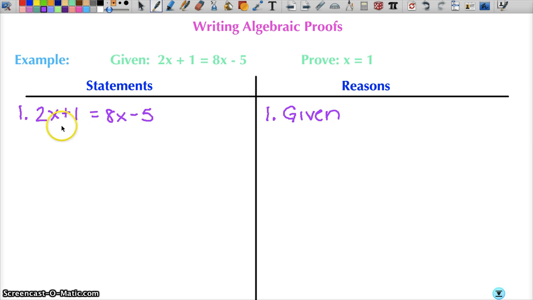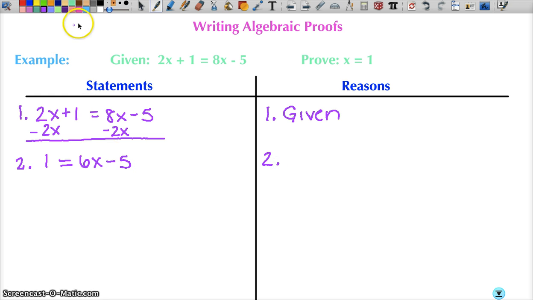All right, so then from here, what would we do in order to solve this and find out that x is equal to 1? Well, let's say we subtract 2x from both sides of our equation, okay? So we end up with step 2 being 1 equals 6x minus 5. So the question that we ask ourselves, and the way that we get this reason, and I'll write this here, is how did we get this?